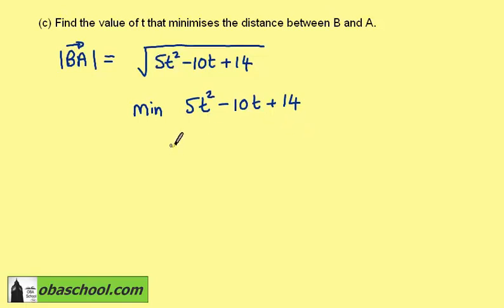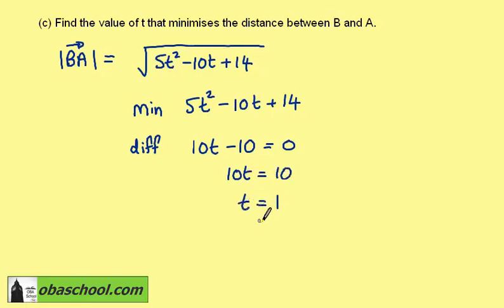To do this, we can differentiate. So if we differentiate this expression, we get 10t minus 10. And for a turning point, we need to set this equal to 0. So we get 10t is equal to 10, and therefore t is equal to 1.